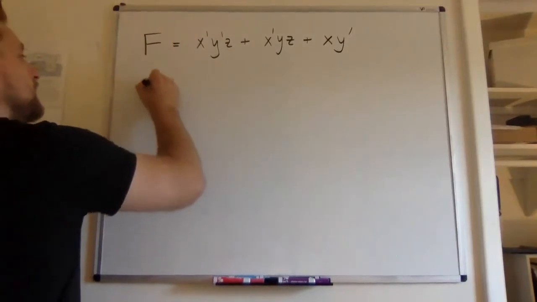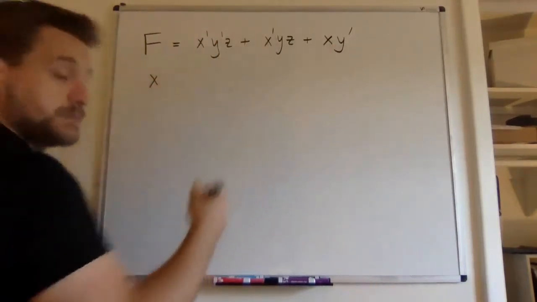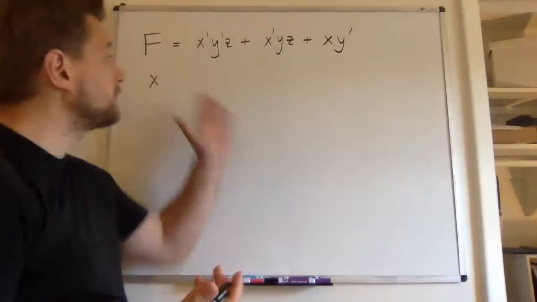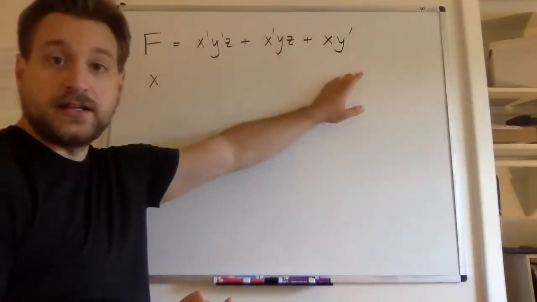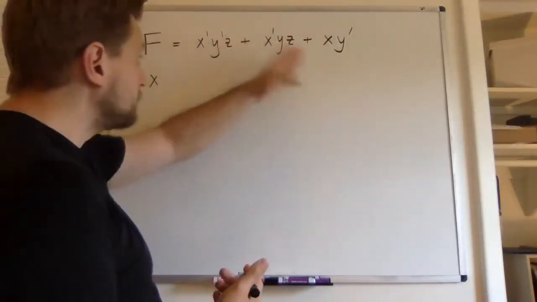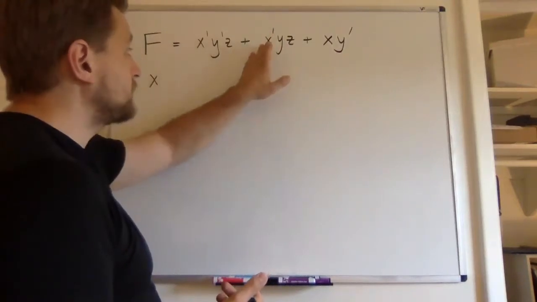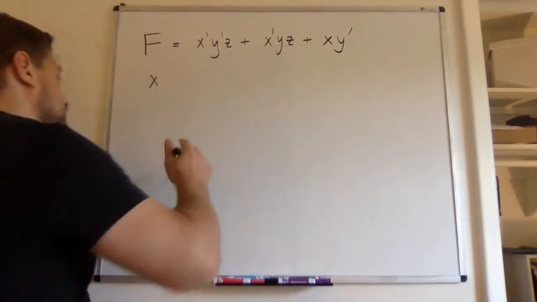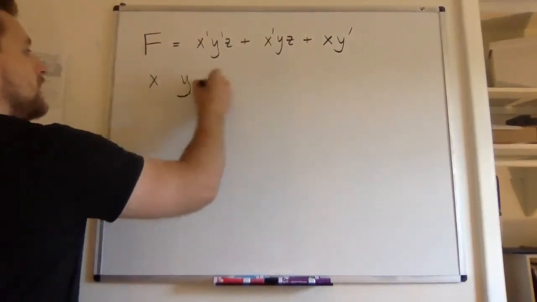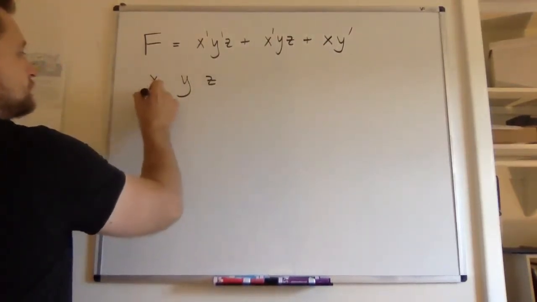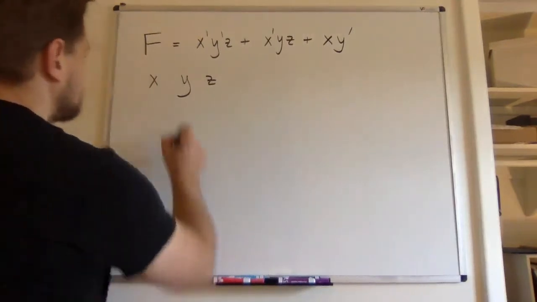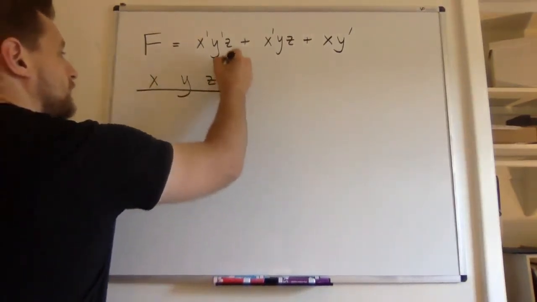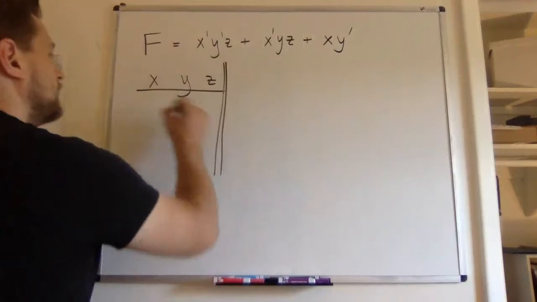We have input variables x, y, and z, because those are the named variables in our deal here. Sometimes x shows up complemented, sometimes it doesn't. That's fine. X, y, z: those are our three inputs.